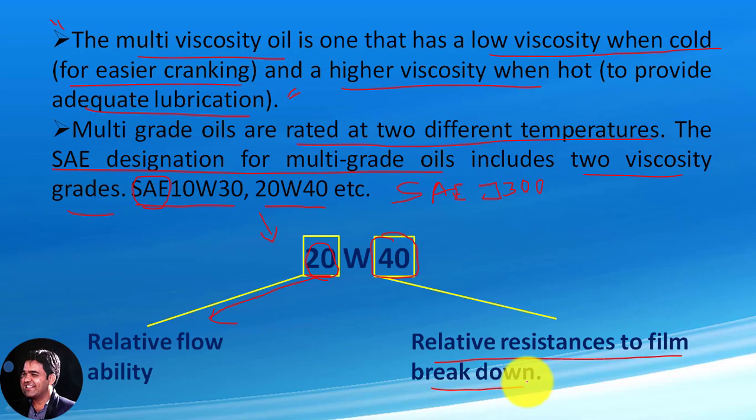At higher operating temperature range, it sustains and behaves like a single grade engine oil of grade 40. So ultimately this 20W40 means this engine oil has the qualities of two single grade engine oils designated by 20W and 40. This 20W is for the cold weather condition, and 40 is for the high temperature operating range. So this is the designation method prescribed by the SAE.